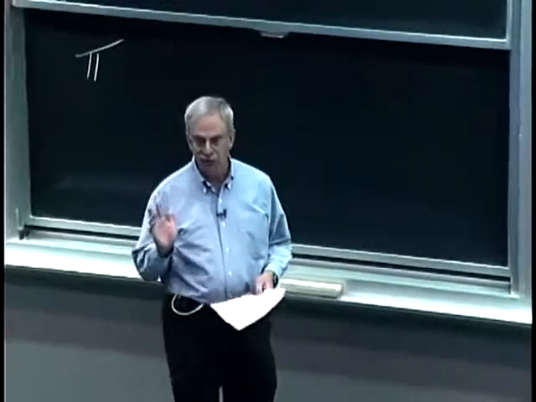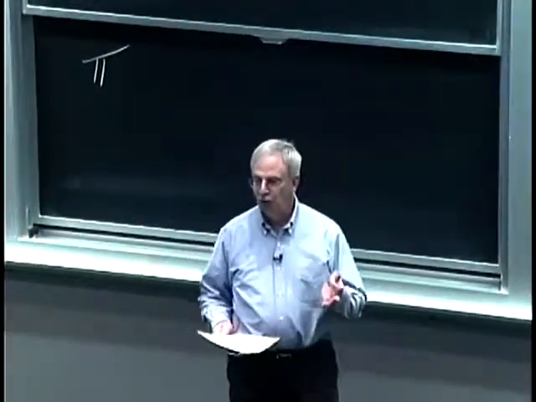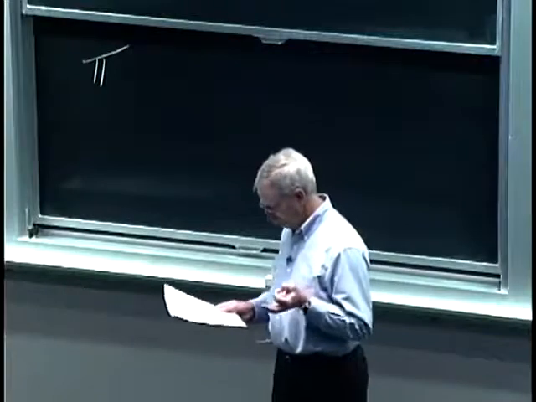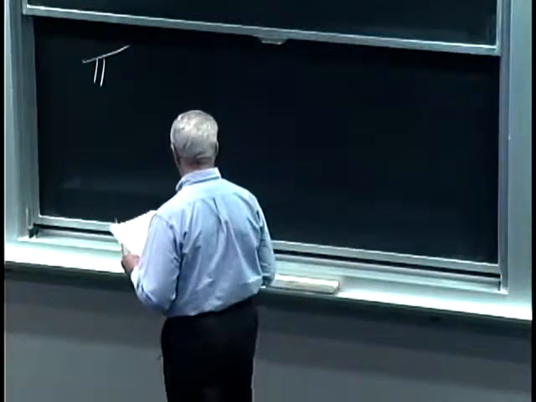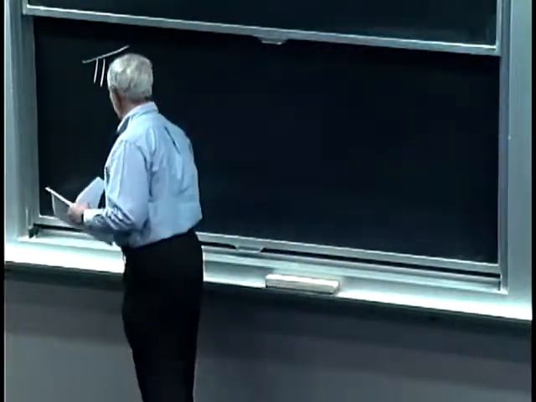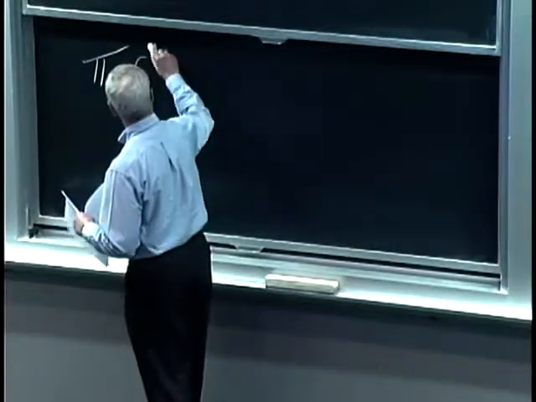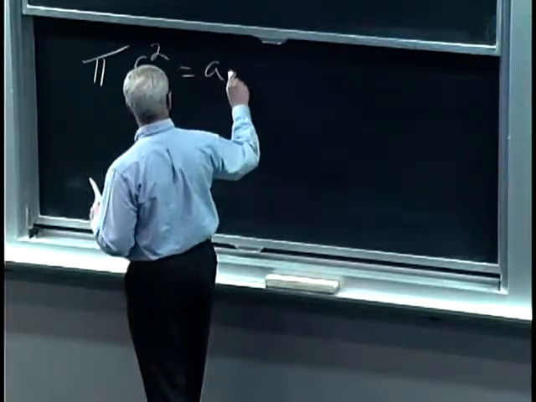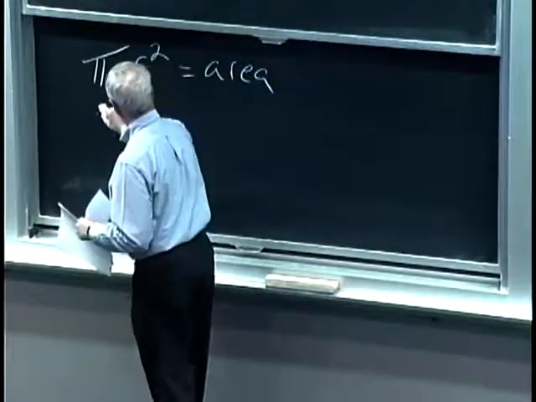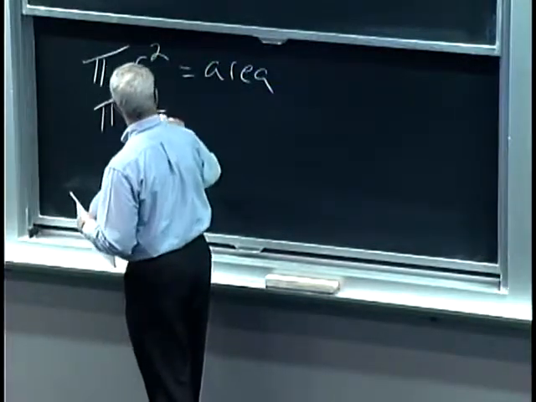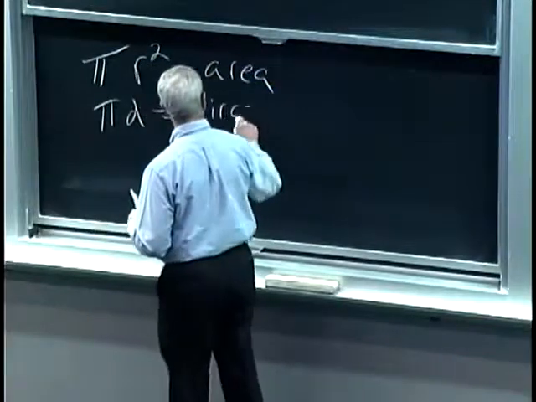For thousands of years, literally, people have known that there is a constant, pi, associated with circles, such that pi times the radius squared equals the area. And they've known that pi times the diameter is equal to the circumference.